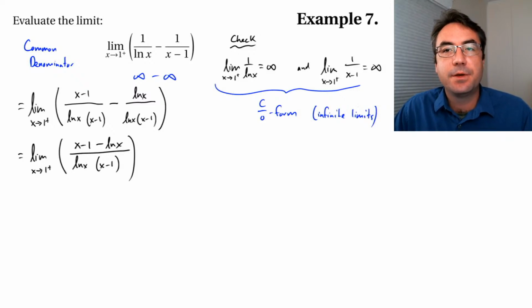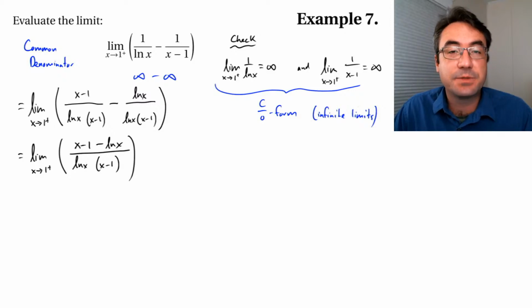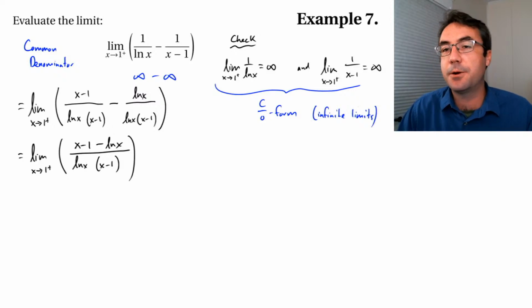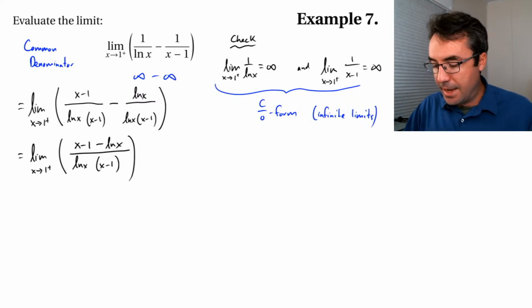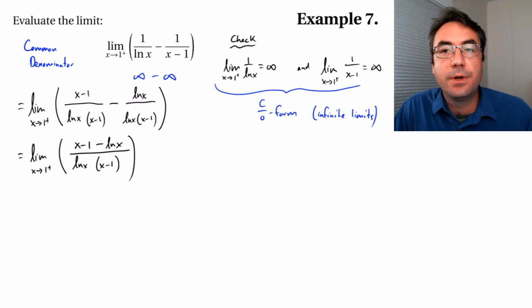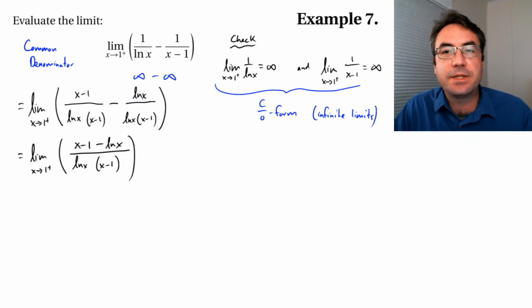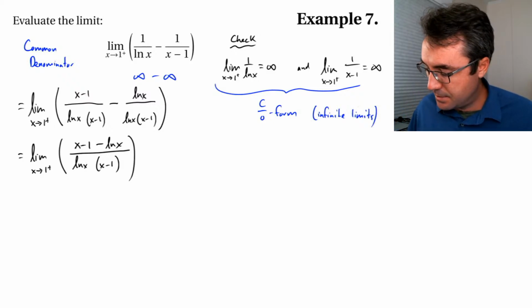So basically, we just subtract the numerators there. So we have x minus 1 in the first numerator minus natural log x from the second numerator. And this gives us a brand new kind of function to check. So let's just see what happens.